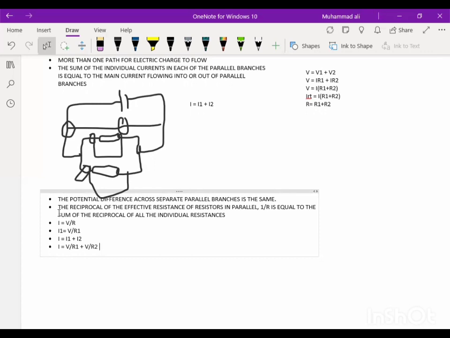And yes, this is the first idea. And then I can also write this I, which is on the left hand side, as V upon R, so V upon R total, for example. So let me write RT, right? So that is going to be equal to the same thing which is written above.